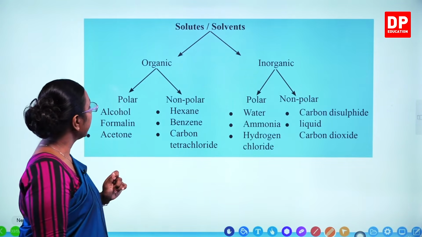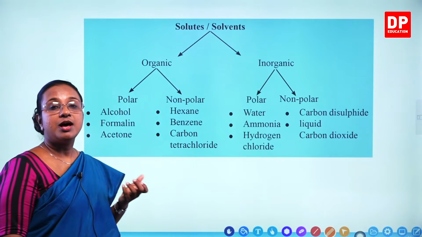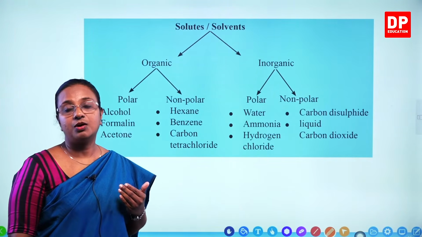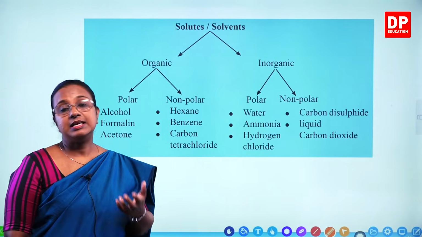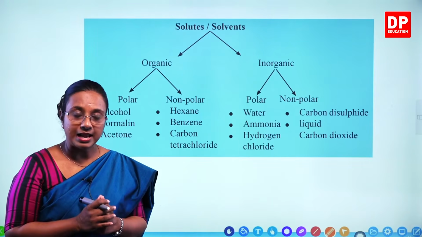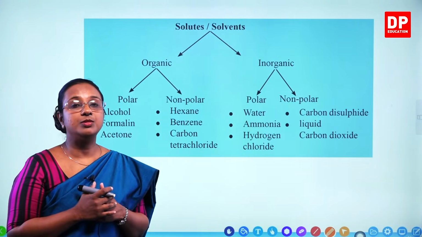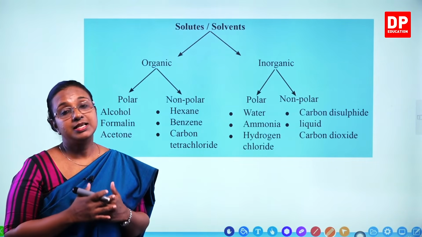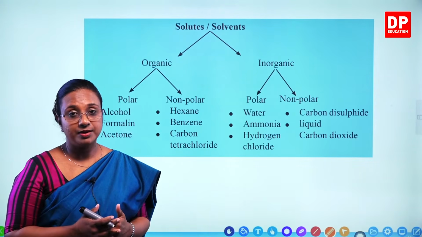Now if you take alcohol, you all are familiar with alcohol. We have discussed ethyl alcohol before. That is a polar solvent. So if you take alcohol and mix it with water, it mixes, because it is a polar solvent.